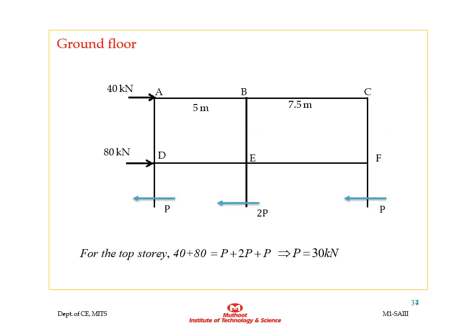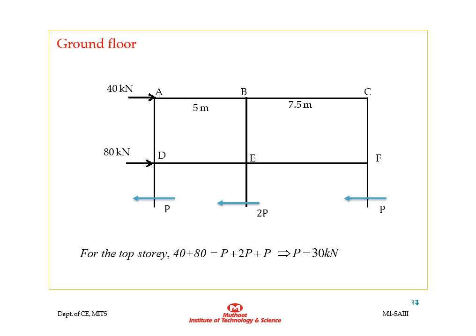Similarly, for the ground floor, we take the free body diagram of the ground floor above the point of contraflexure. Let the horizontal shear taken by the exterior column be P, then the interior column is 2P.